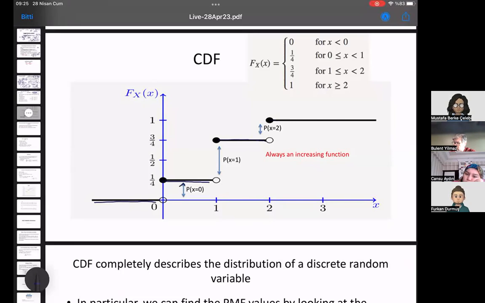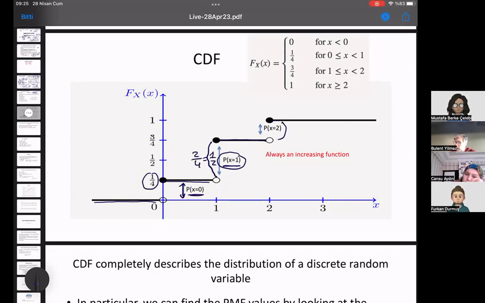You can see that these jumps, arkadaşlar, are equal to the probabilities at certain random variable points. Okay? Probability of x equals 0 is 1 over 4. Probability of x equals 1 is this jump. What is this jump? 3 over 4 minus 1 over 4, it is 2 over 4 or 1 over 2. Okay?